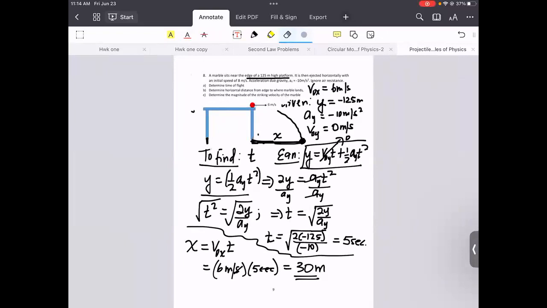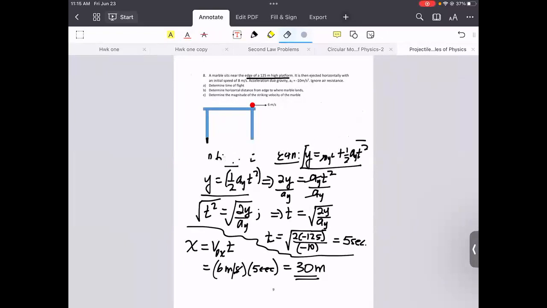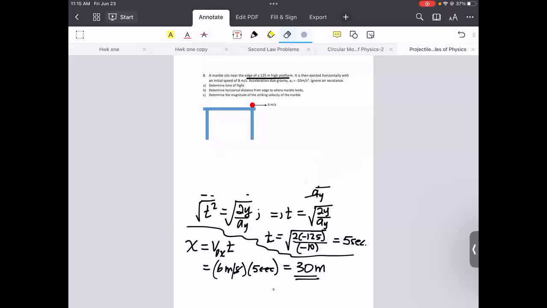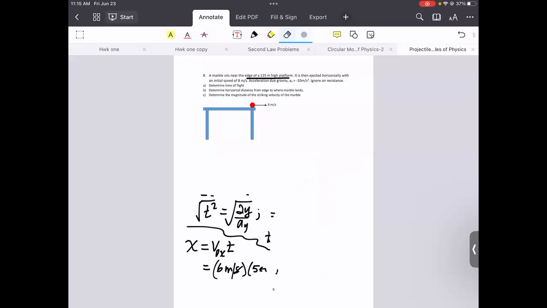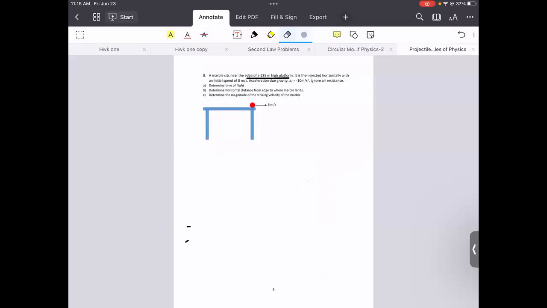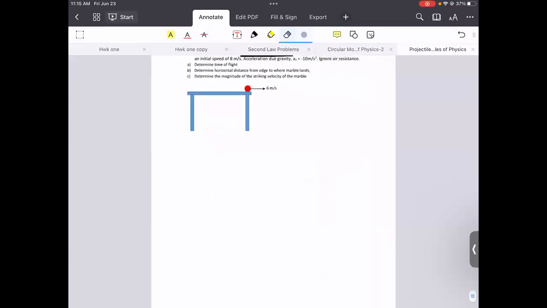We want to find the striking velocity. In other words, what is the magnitude of the velocity, just the magnitude? We don't want to talk about the angle. Just the magnitude, just before the marble strikes the ground. That will be our last problem in this discussion.